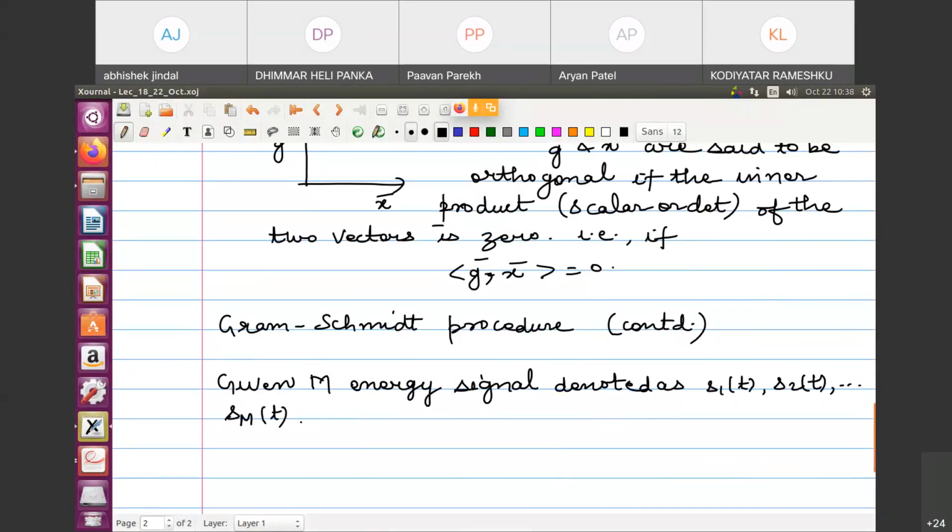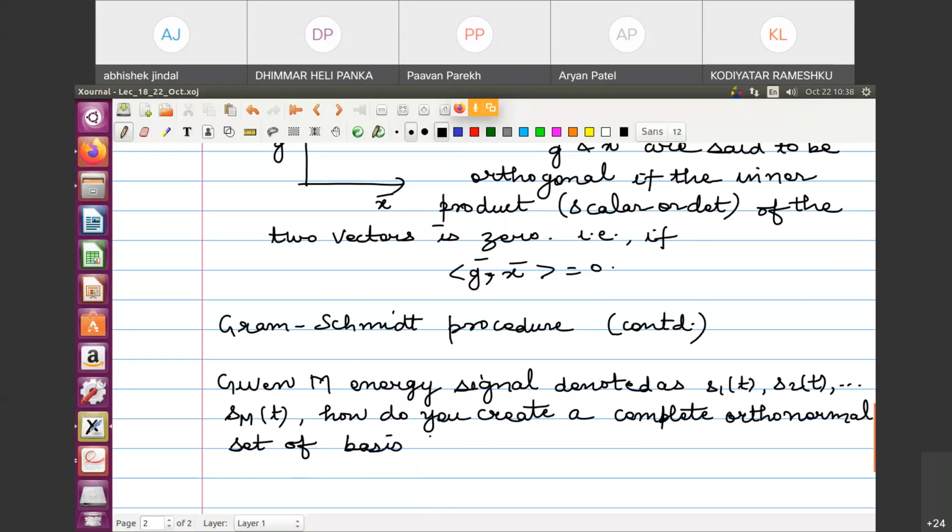How do you create a complete orthonormal set of basis functions? That is the question.